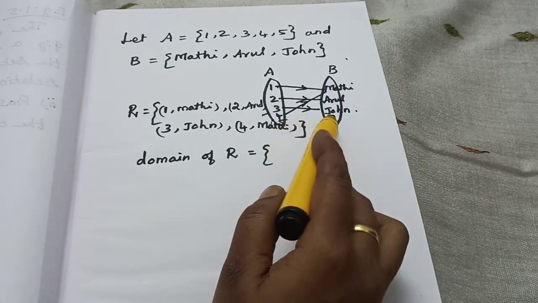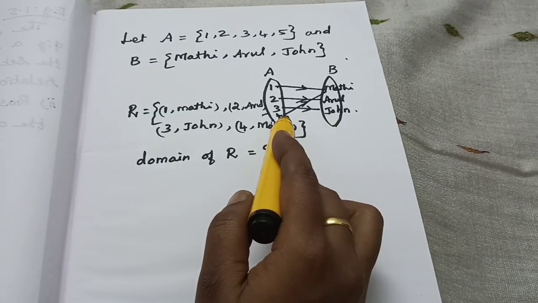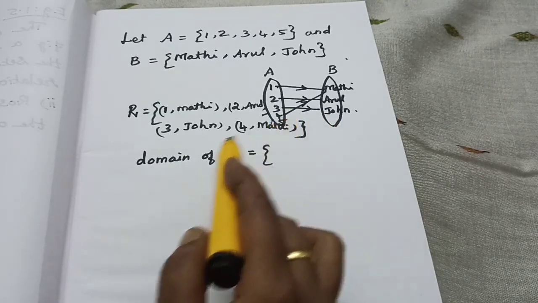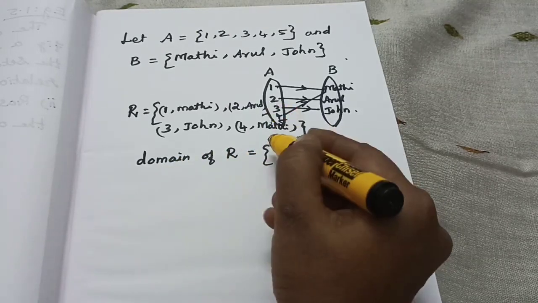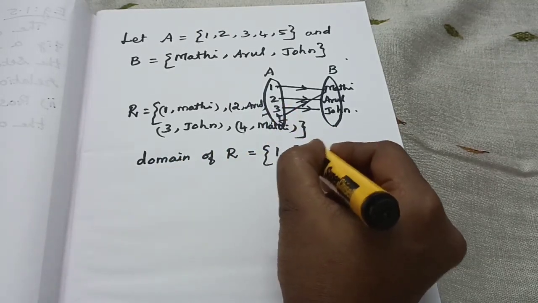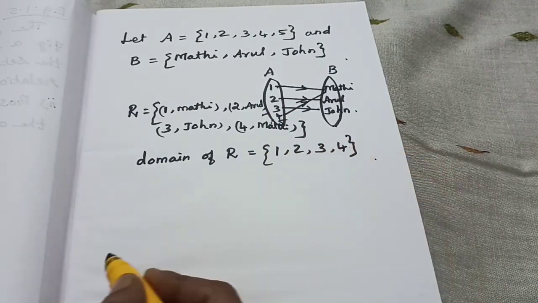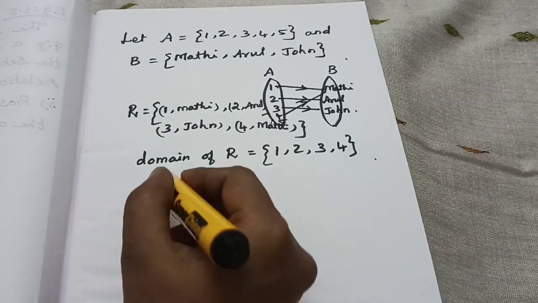There are no images, so we cannot take this 5. Okay, domain of R is 1, 2, 3, 4. Understood?